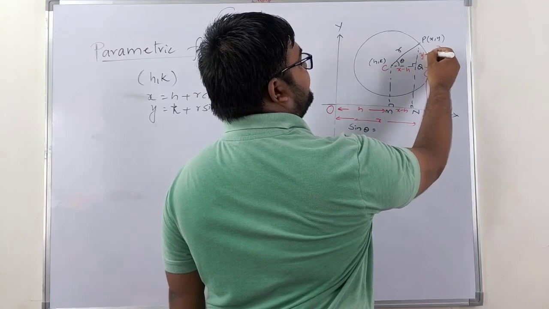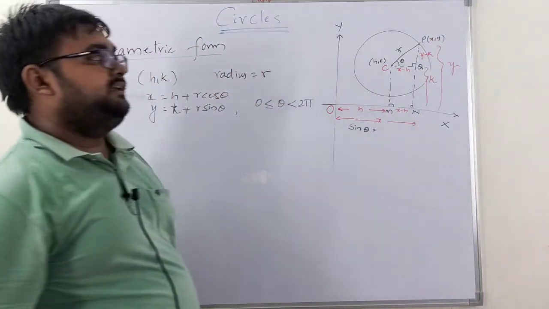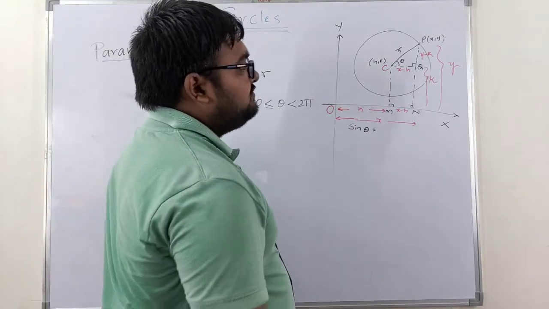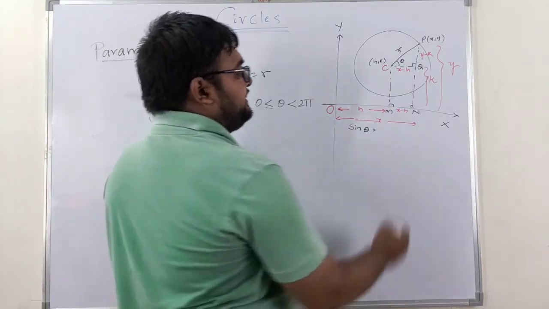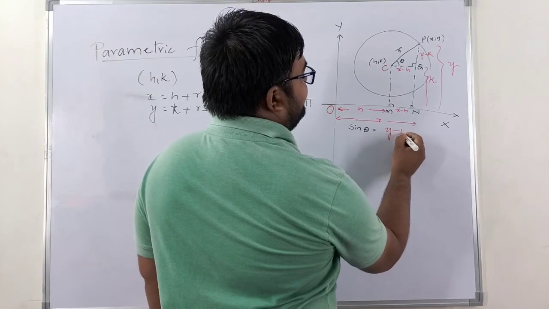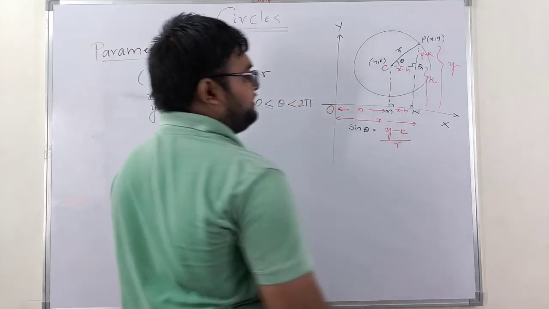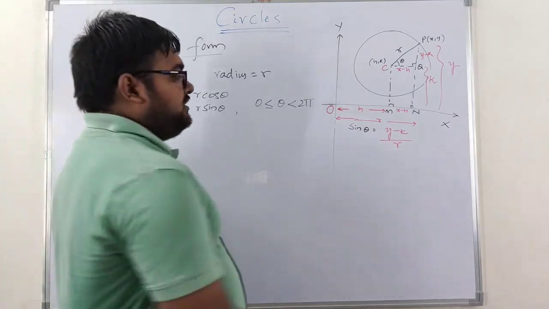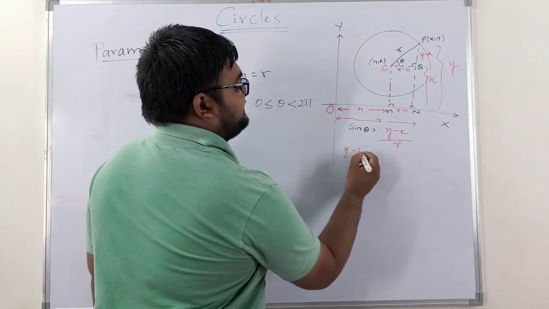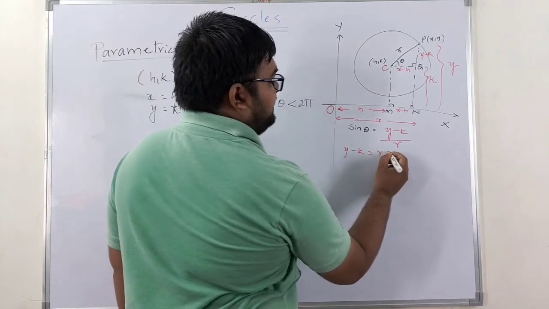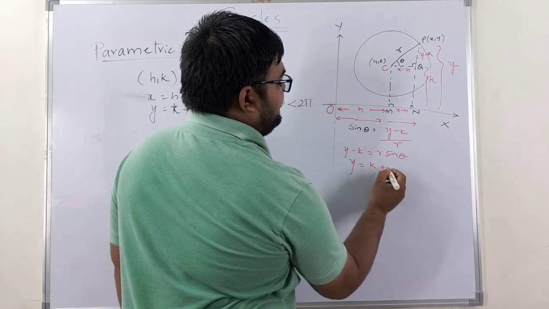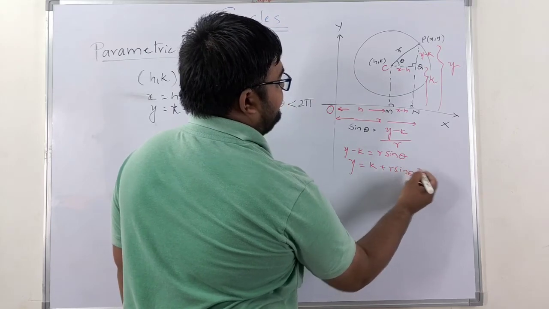So this particular length is y minus k. Now sin theta is equal to opposite side to theta by hypotenuse. So sin theta is equal to y minus k by r. From this, y minus k is equal to r sin theta. So y is equal to k plus r sin theta.